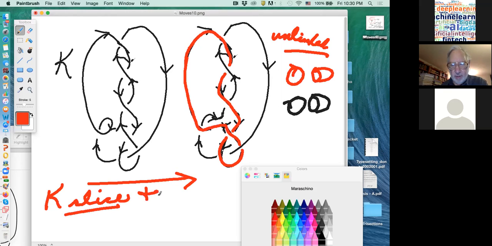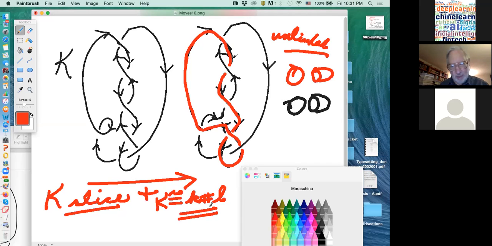And K is not equivalent to a connected sum of anybody, not a connected sum, much less with a mirror image. You have to prove that by using the Alexander polynomial, or you can even use the Jones polynomial to prove that.